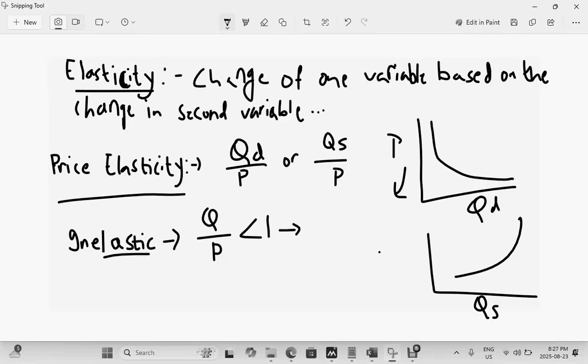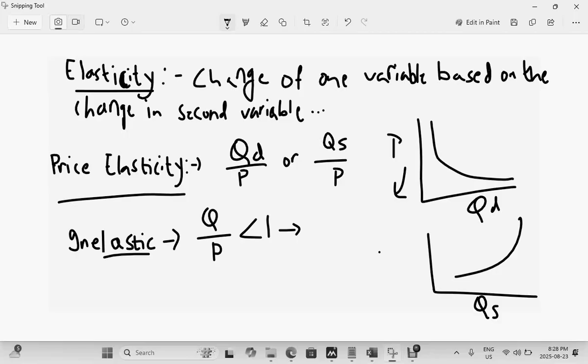This is basically saying that quantity does not change as much with the change in price. This has to do with basic necessities like food, water, shelter, and so on. People are in need of housing, for example. Their need for housing does not change even though the price may change, in most cases. If you have a family, you need a house, then obviously you will buy the house wherever you can afford that house.